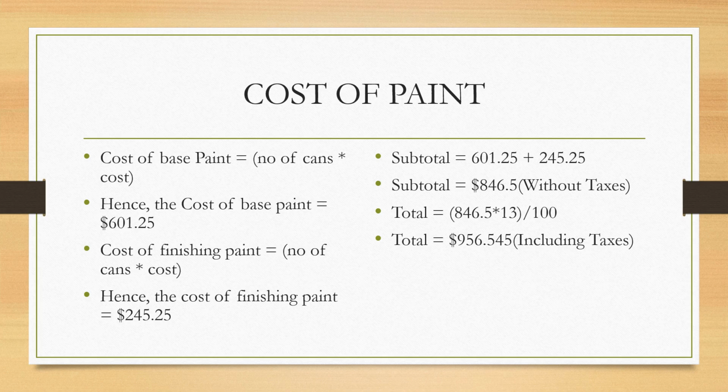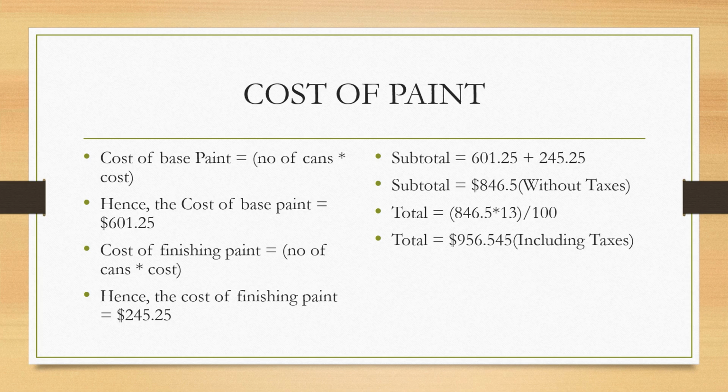So basically, the subtotal will be the cost of base paint added to the cost of finishing paint. Hence, the subtotal will be $601.25 plus $245.25, which equals $846.05 without adding the taxes.